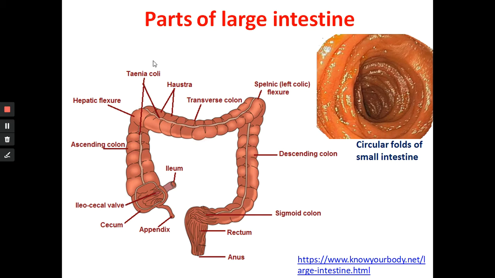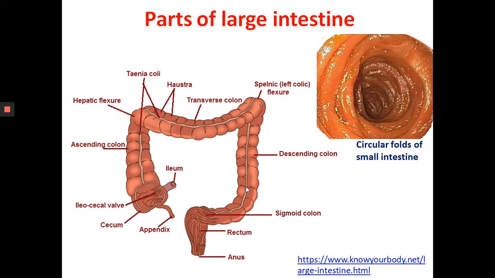The taenia coli, the longitudinal muscles. There are 3 bundles of this, the taenia coli, which start from the caecum till the end of the rectum. This is shorter than the total length of the large intestine. So as a result, the large intestine is constricted like an elastic band, and that forms the pouches.